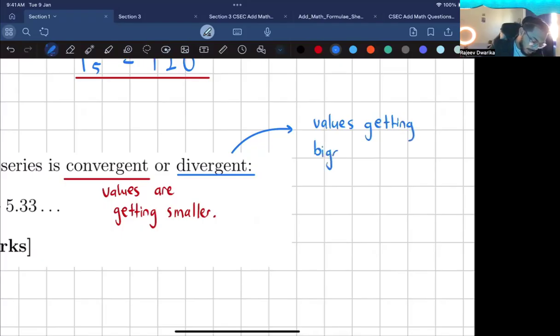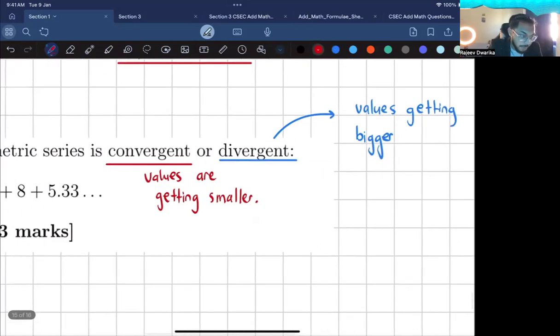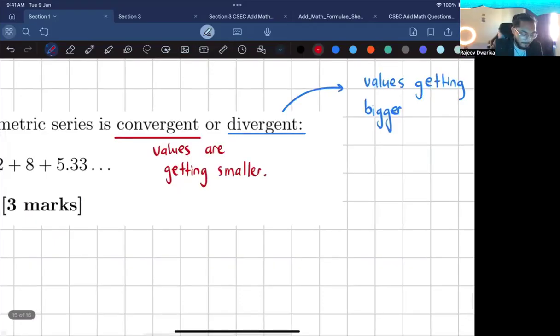Now, if the values are getting smaller, do you all think that the common ratio would be a fraction or a whole number? What do you all think? Kira, what do you think? If it's convergent, do you think the common ratio is going to be a fraction or a whole number? A fraction, probably. Right, it's going to be a fraction.